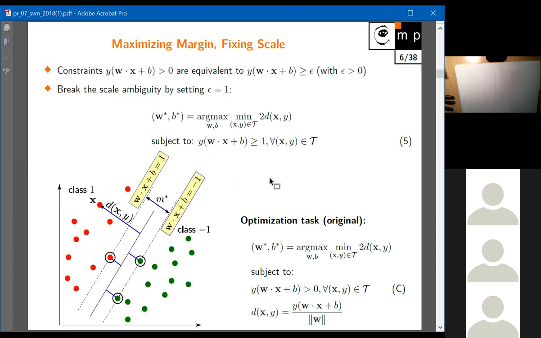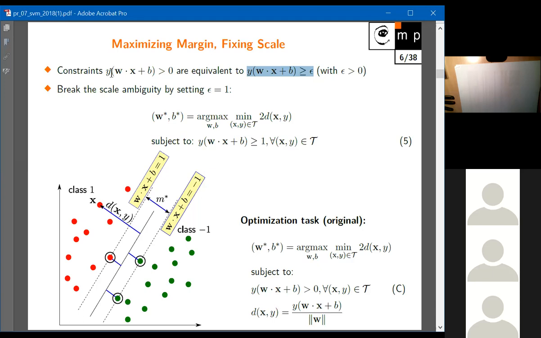So what we can do: we want constraints to be positive, but that's the same thing as saying there exists an epsilon greater than 0 such that all our points satisfy the formula that I'm highlighting.